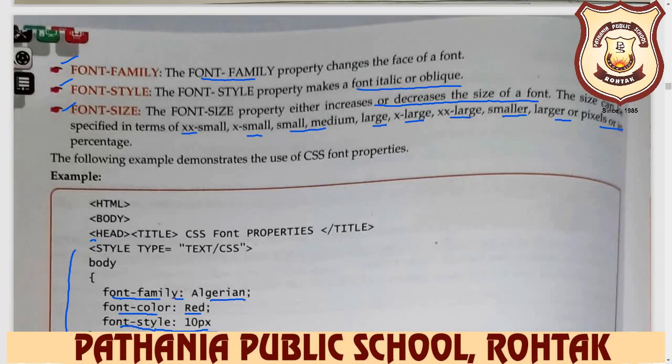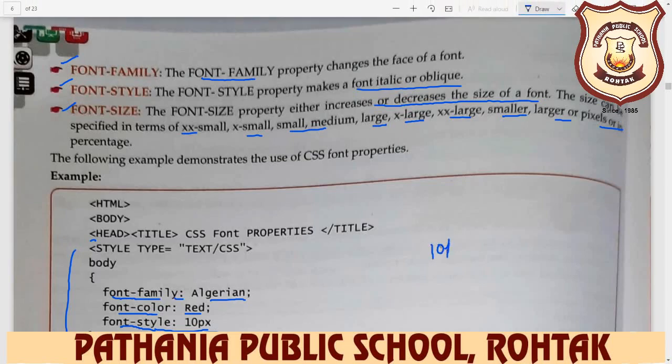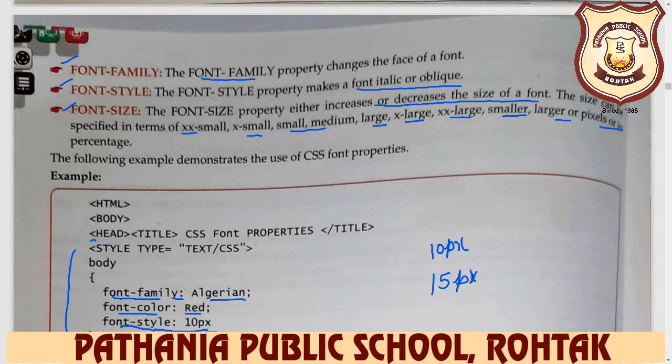When you write in pixels, always you write 10px, 15px. So here you don't write only a number, you write the number with px for pixels. Or you write in percentage, for example 10%. So this is your wrong one, you correct it here.